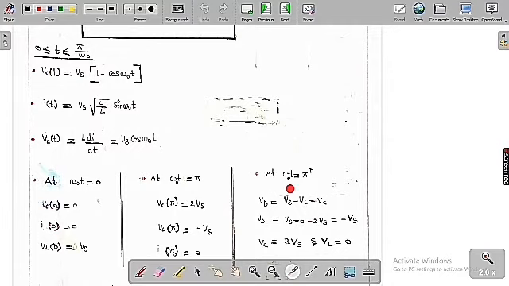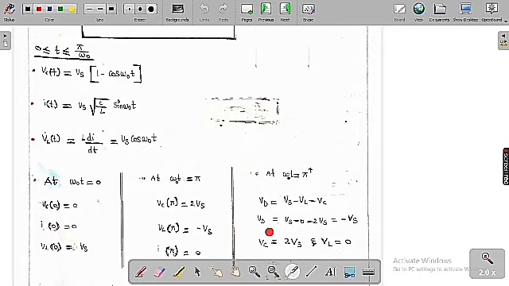And what about the instant just after pi, at pi plus? I have already told you the circuit is now going to become open. The capacitor voltage cannot change, so it will be the same as the previous case, which is Vc equal to 2 Vs, as at the instant pi. So 2 Vs. And now the circuit is open, so what is the value of Vl?